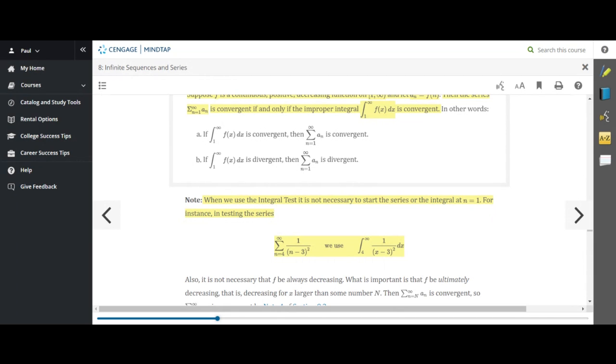What matters is how the series behaves as you move out to infinity. Just like an improper integral, its convergence or divergence depends on how that function behaves as you move out to infinity. How does the area accumulate?